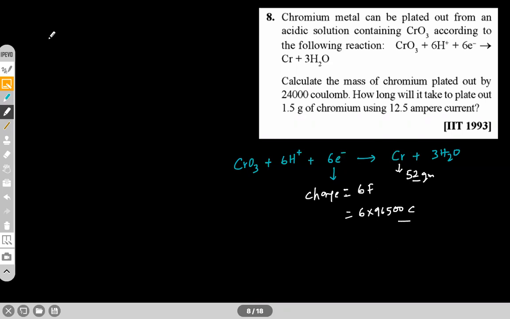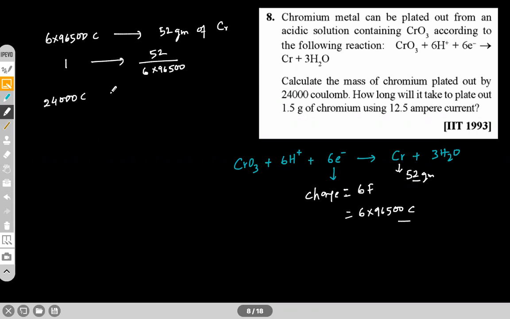So we can say if 6 into 96500 coulomb gives 52 gram of chromium, then 24,000 coulomb gives 52 divided by 6 into 96500, into 24,000.